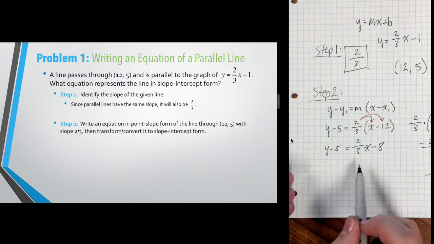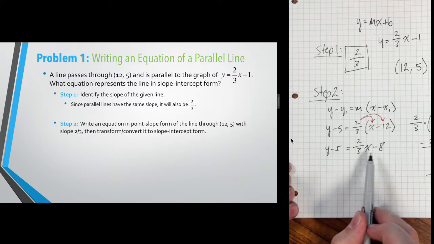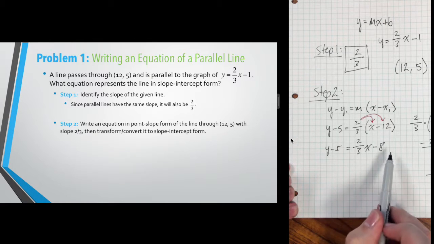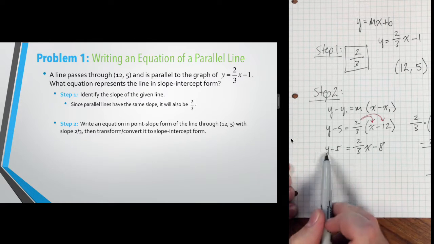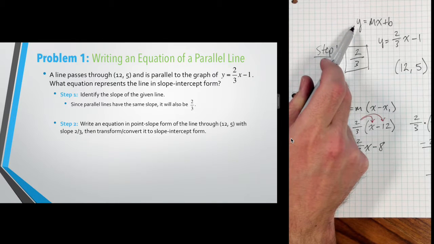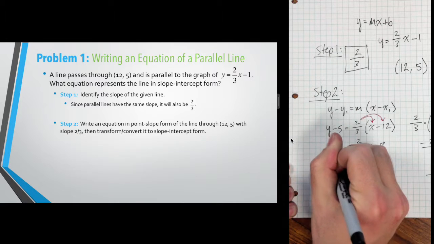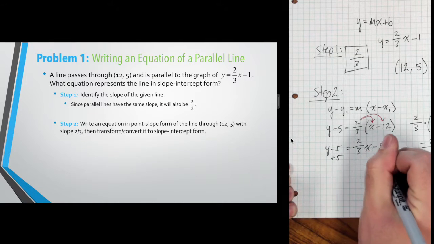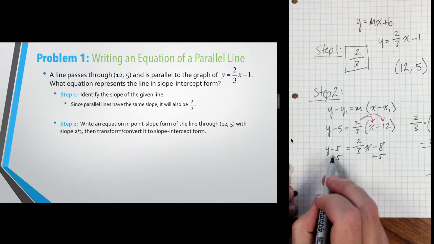So notice we're almost there. We have mx plus b is here. However, over here we have y minus 5. In slope-intercept form, though, we want to have just y here. So we're going to add 5 to both sides to get rid of this minus 5.